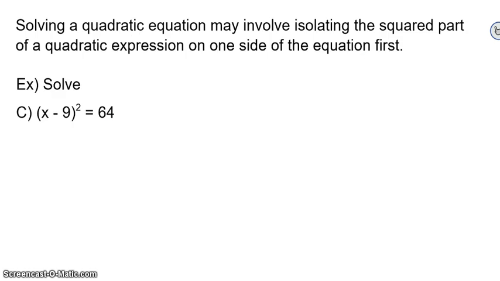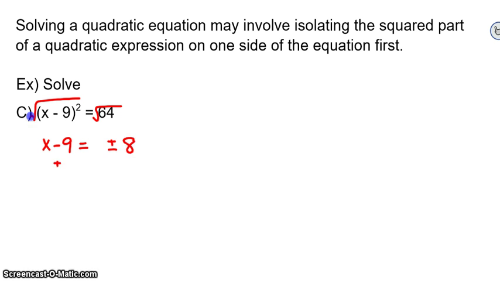Okay, one more example, which is kind of like the previous ones, except on this example, there's no number in front of the parentheses to divide by first. So this one, our first step is to actually find the square root on both sides. When you take the square root, you're left with x minus 9, and the square root of 64. Hey, that's a perfect square. We can find that it is plus and minus 8.